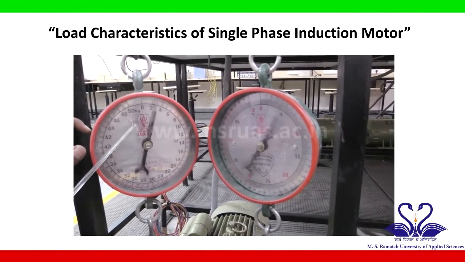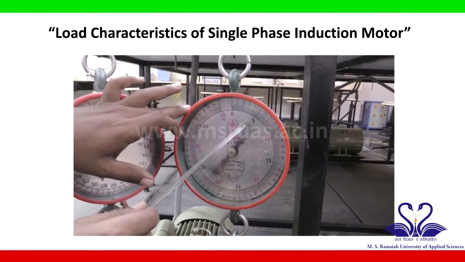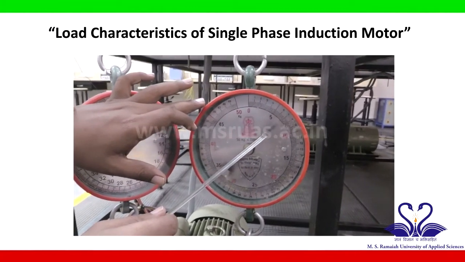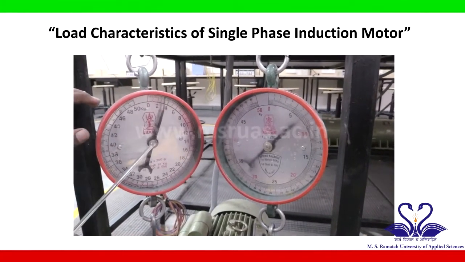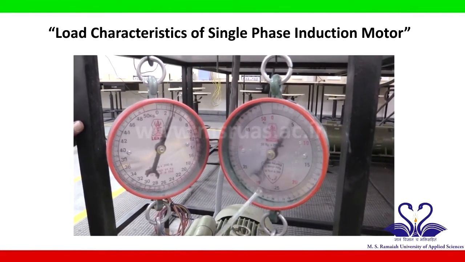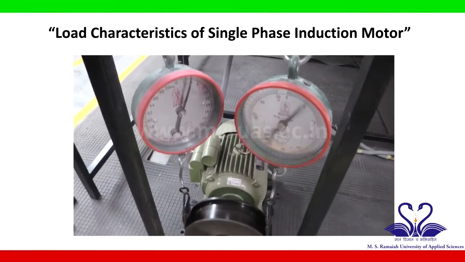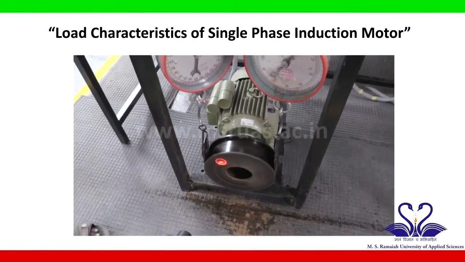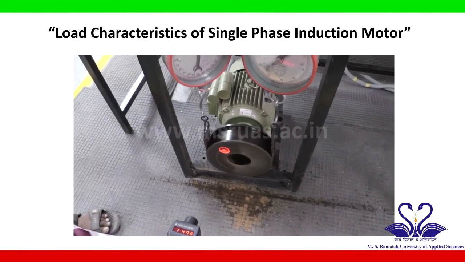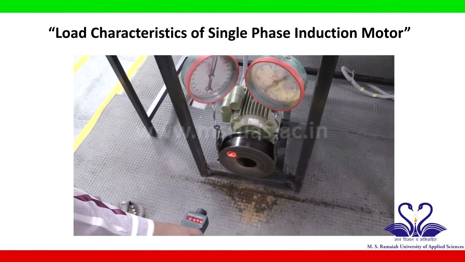So S1 is 2 and S2 is oscillating between 5 and 7. You take the average, that is 6. So S1 is 2 kgs and S2 is 6 kgs, and measure the speed with the help of the digital tachometer under load condition. So now the speed is 1474 RPM.